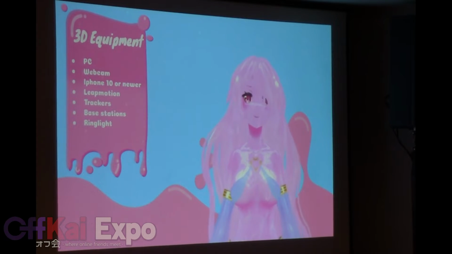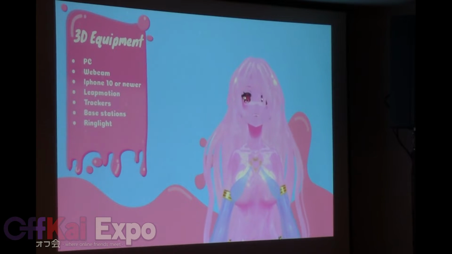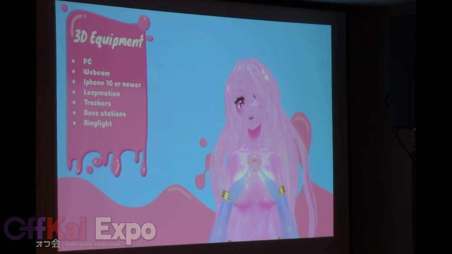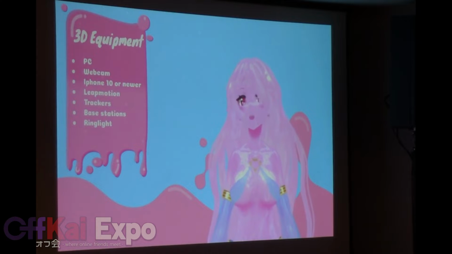But that is something you can think of if you have a 3D model and something you want to do. Base stations are needed just to see the trackers. So it's not just the trackers you need, like extra things outside that, like the base stations to see them. You also need a computer that can handle VR tracking and VR games. So that's something else to put into consideration if you're wanting to go down that route.